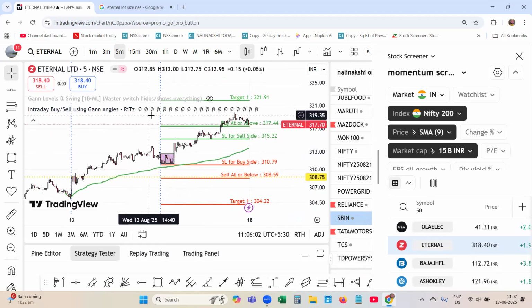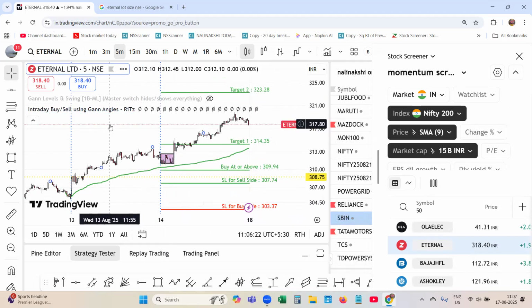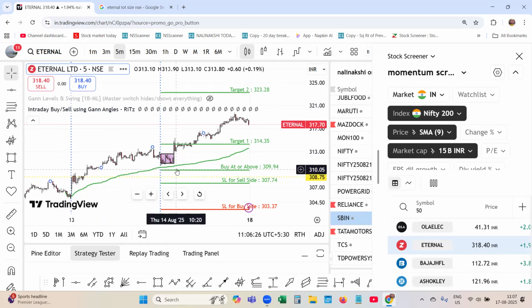And you can also tweak it to previous day low. Let us check what it does.